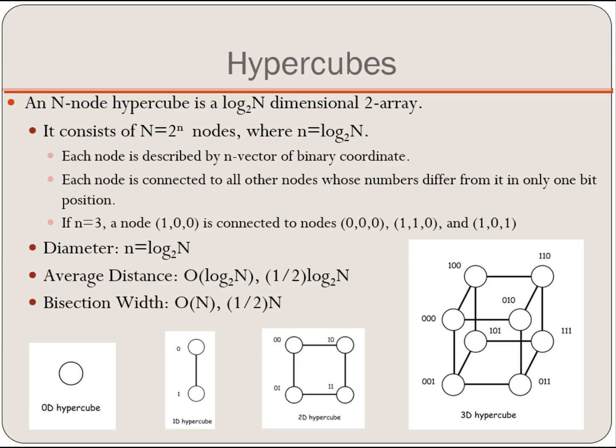If we remove those 4 links, it degrades to two 2D hypercubes that are disjoint and the same size. That's the definition of bisection width. Again, it's half.